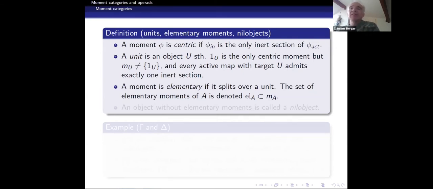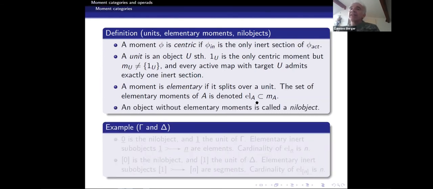It's a very intuitive notion. And the set of elementary moments is a subset of the set of all moments, which I will denote by L sub A. And it can very well be that an object has no elementary moments at all. Then I call it a nil object. So the number of elementary moments is a notion of cardinality of this object.